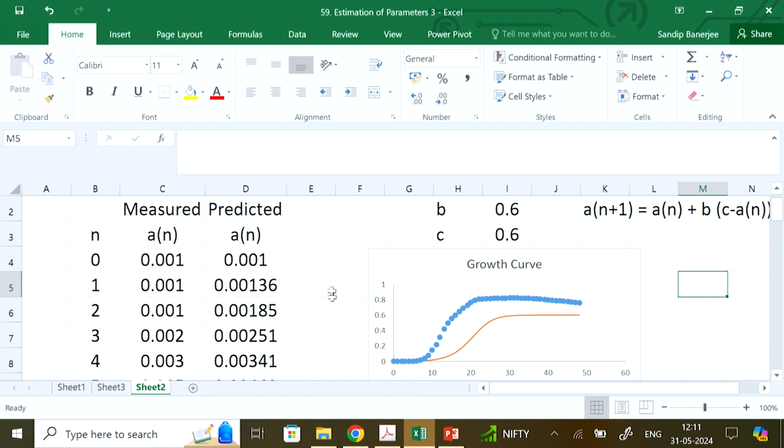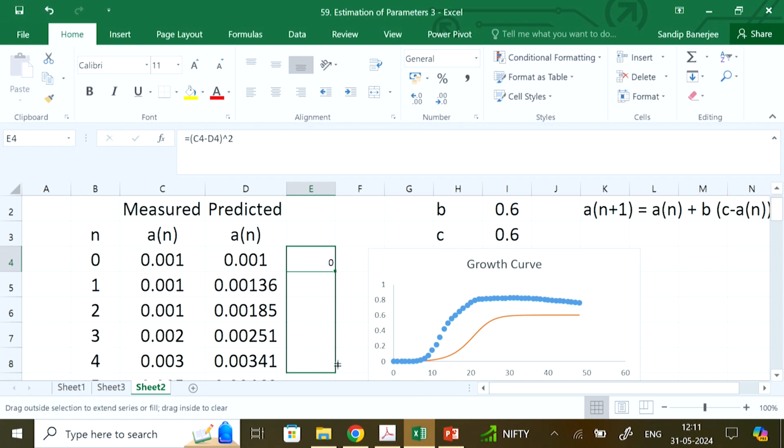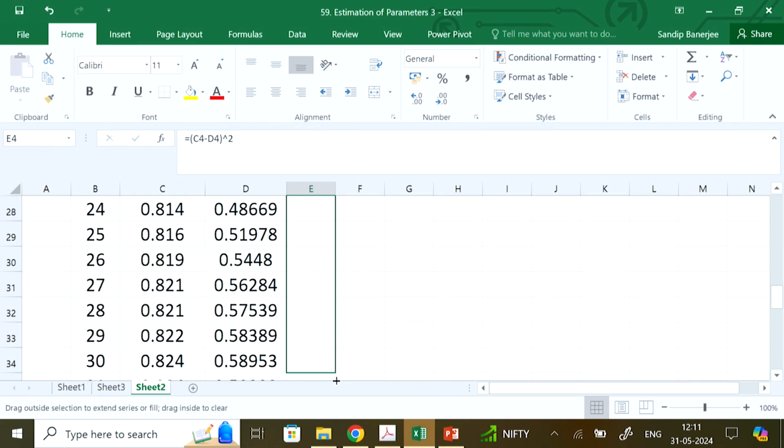But then let's see the sum of the residuals. So this is equal to the measured value minus the predicted value, and I square them. So this is the square of the residuals.